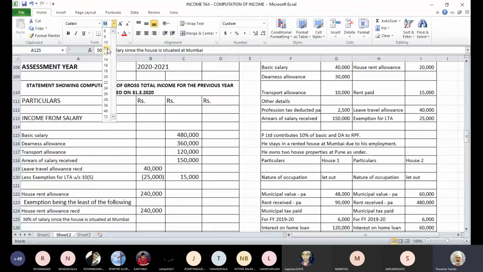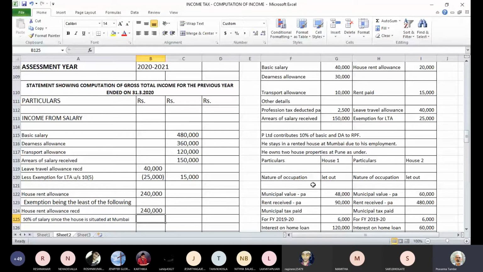Now we have to find out what exactly salary means over here. Salary includes basic, it includes DA if DA is part of retirement benefits, and if the employee is paid commission which is based on a fixed percentage of turnover, then we have to include the commission also.